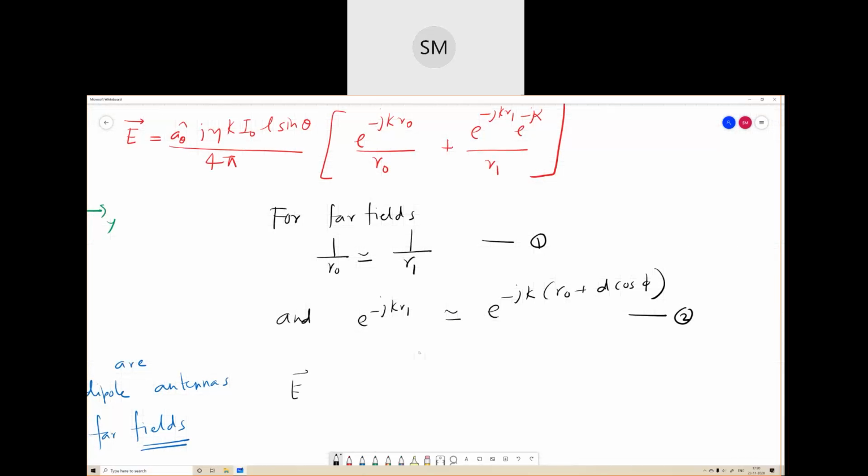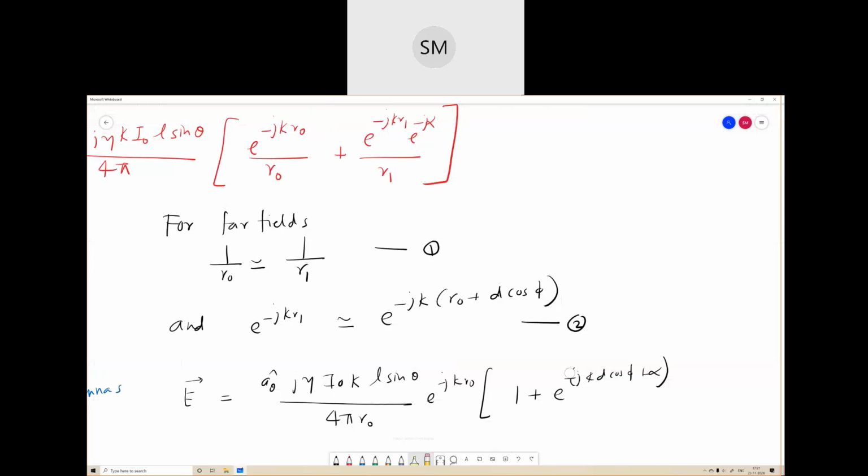E equals a theta j eta I0 k L sin theta by 4 pi r0 e to the power of minus jk r0 times 1 plus e to the power of j k d cos phi plus alpha. Is it okay to write this?